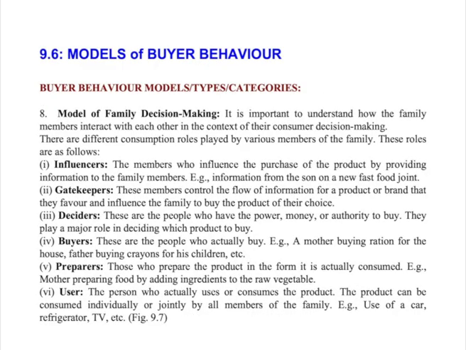So, moving on to the last model, that is the model of family decision making. Here we have influencers who influence the decision process, gatekeepers who decide whether to purchase or not to purchase, deciders who actually take a decision like the seniors in the family or people who hold the purse strings, buyers who are actually purchasing the product either on their own behalf or on behalf of someone else, preparers.